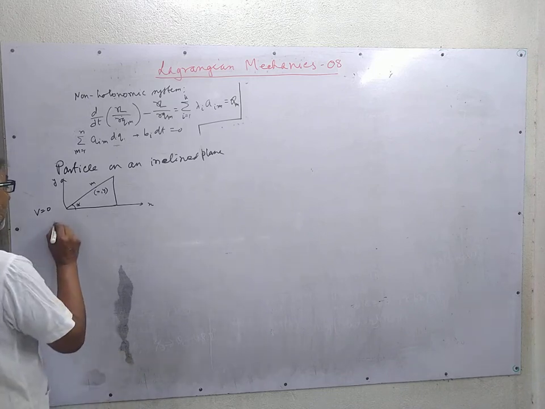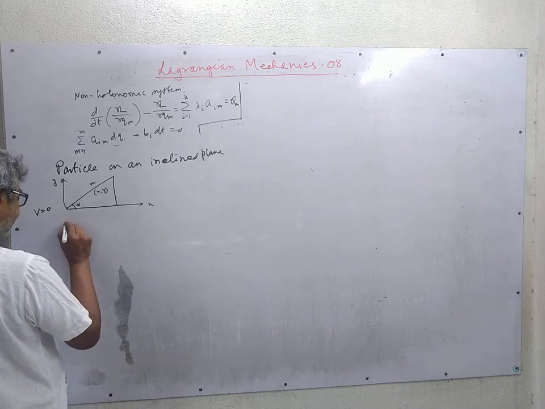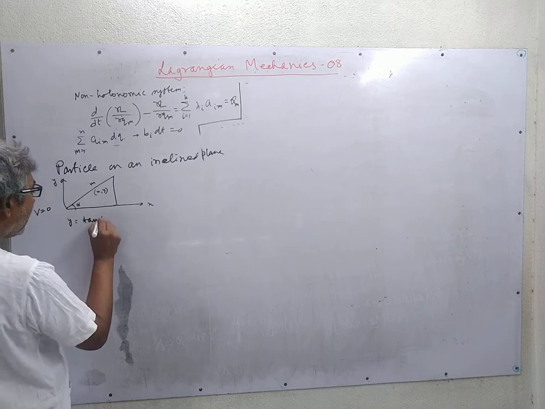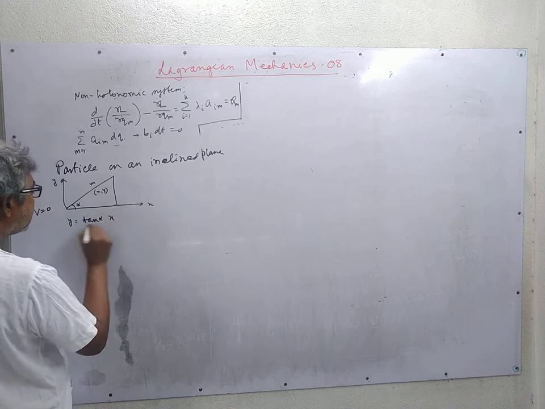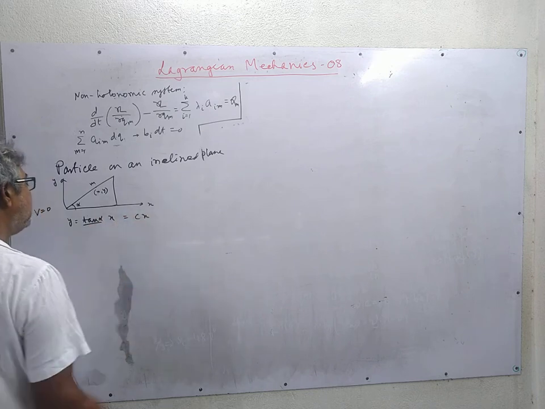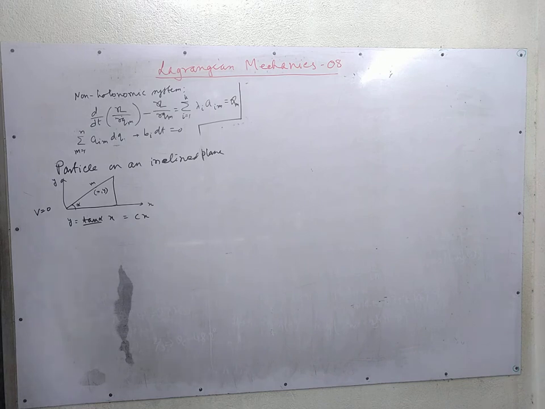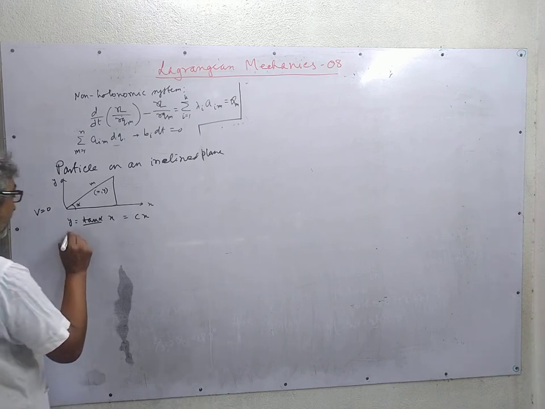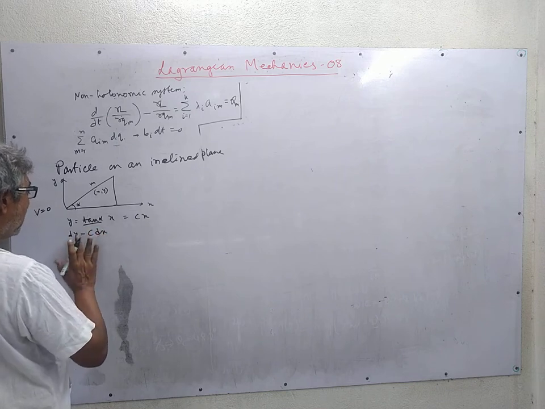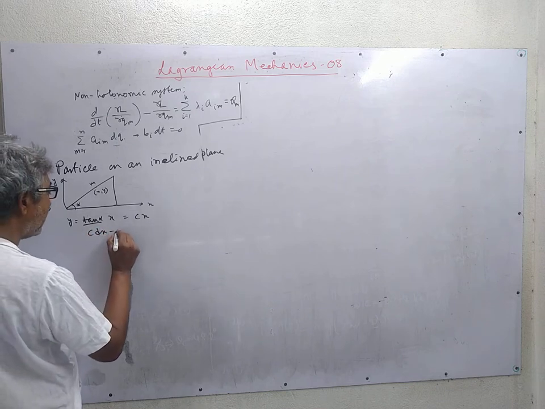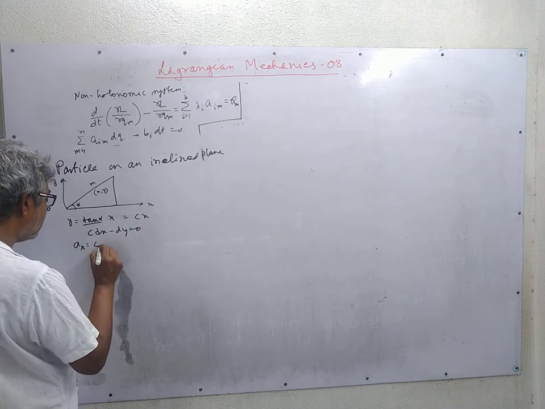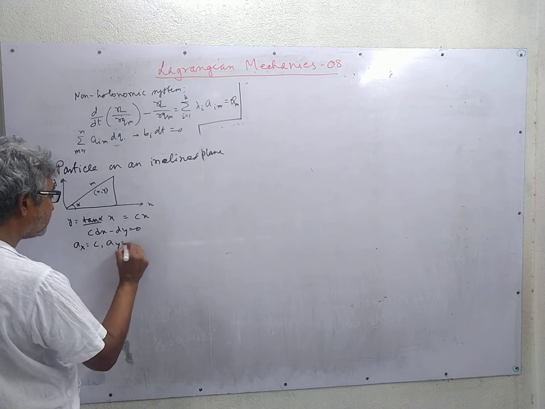So the equation of constraint is y is equal to tan alpha times x. Since this is constant, we say this is Cx, where C is the slope of the inclined plane. So we have dy minus C dx equal to 0, or C dx minus dy equal to 0. So A_x is equal to C and A_y is equal to minus 1.